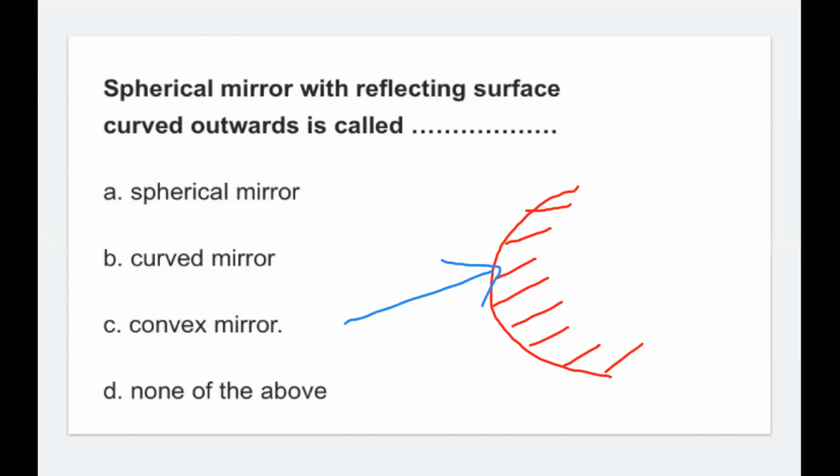Now, don't you think this is curved outward, this is bulged out? So such a type of mirror would be called a convex mirror. So in our case, option number C is going to be the correct option.